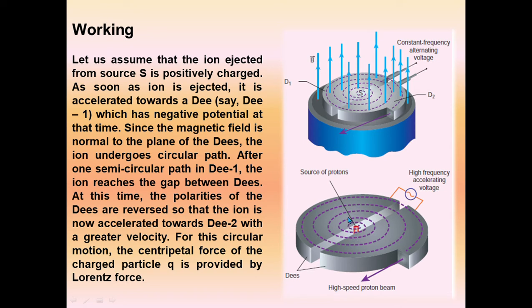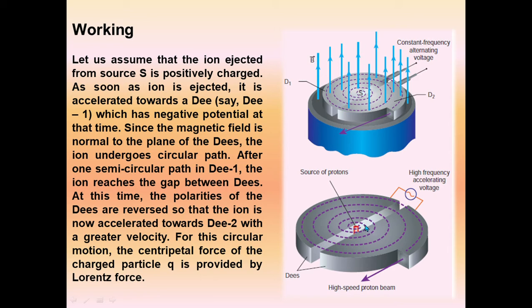The positive charge is attracted by the negative potential of the D. After one semicircular path, the ion reaches the gap between the Ds.